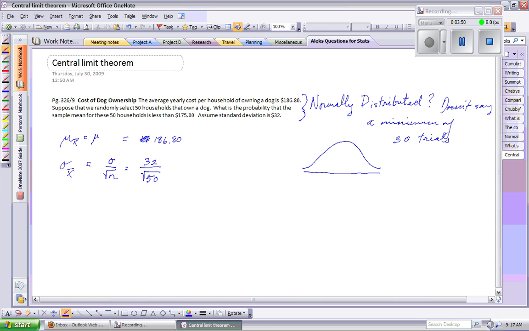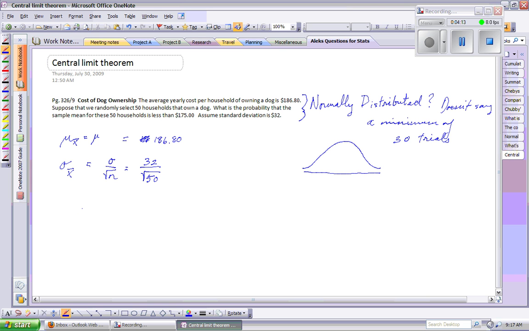Now using those two facts, the mean of the sample means is equal to the population mean, and the standard deviation of the means is equal to this formula, you can find a z-score.